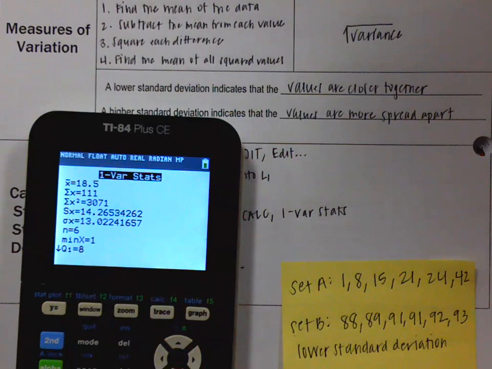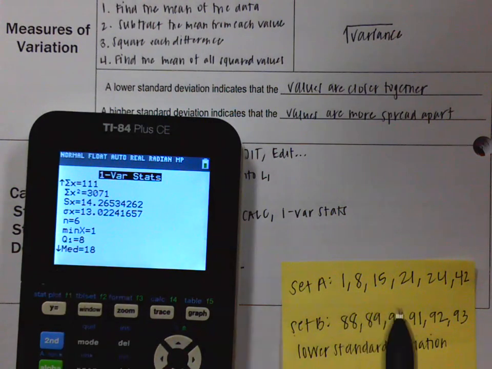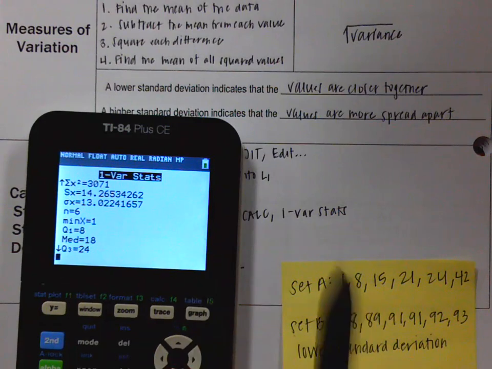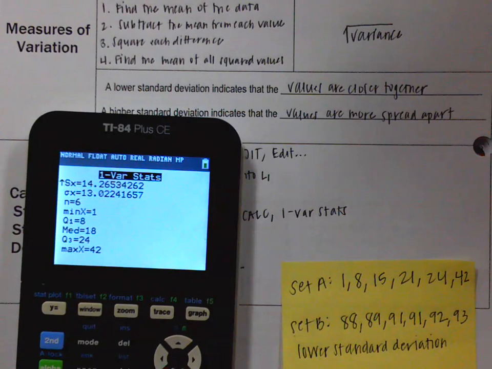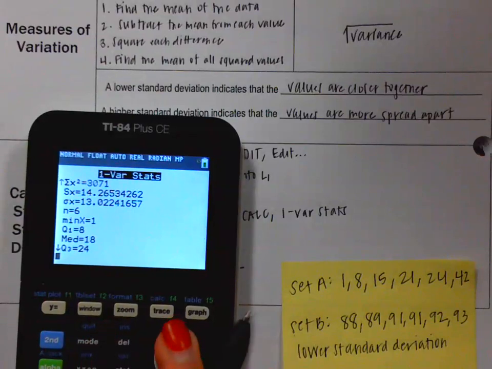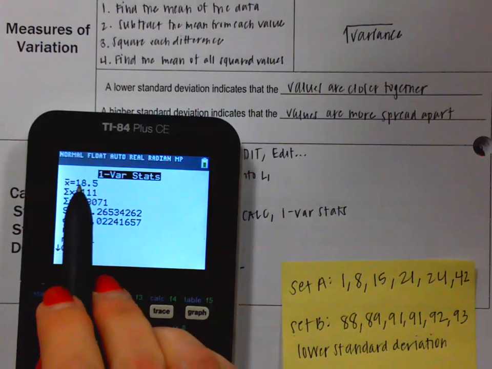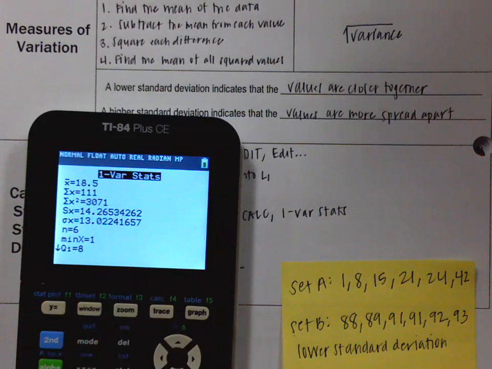Q1, if you remember from Algebra 1 when you made box and whiskers, is the median of the lower quartile. And then 18 is the median. 24 is the median of the upper quartile. And then my max value is 42. So it gives us a lot of information that we definitely care about. But really in this section, all I care about is the mean and the standard deviation.